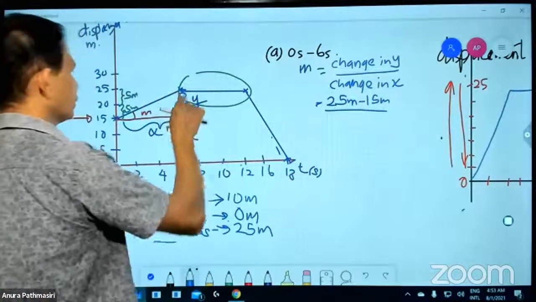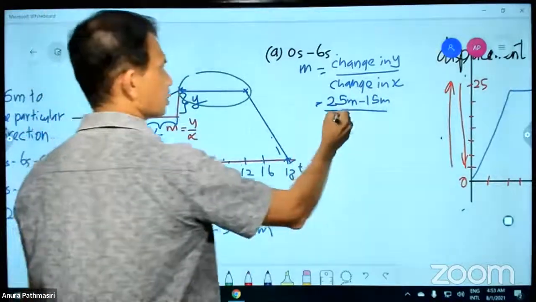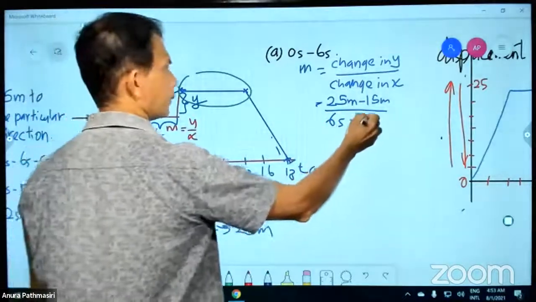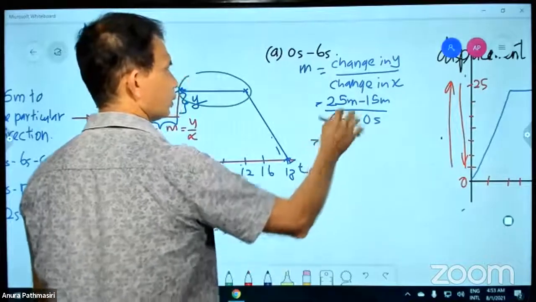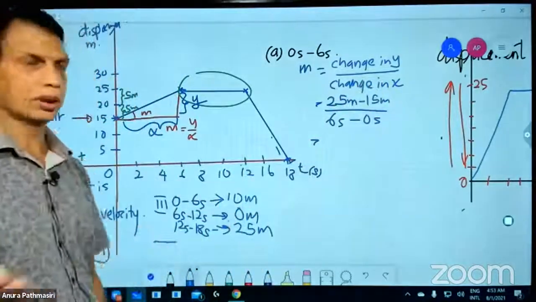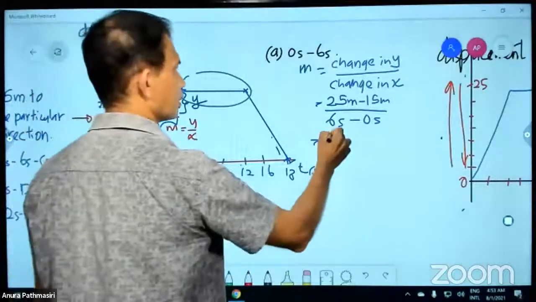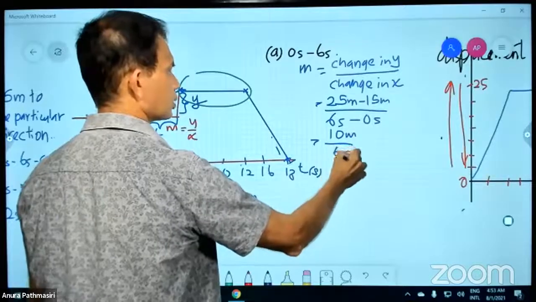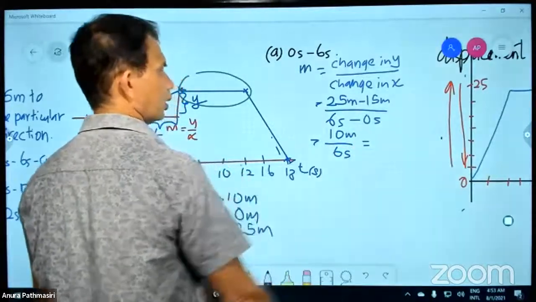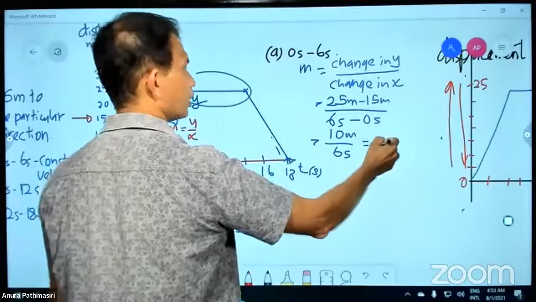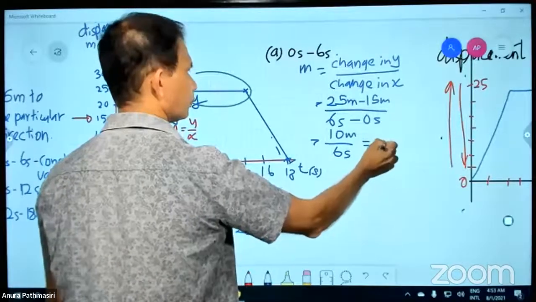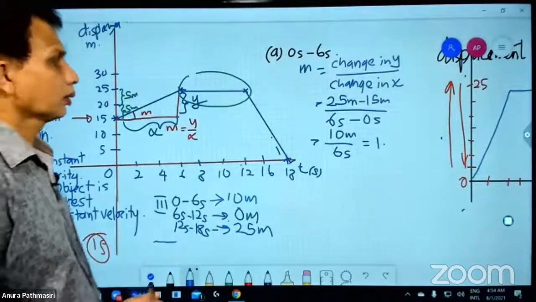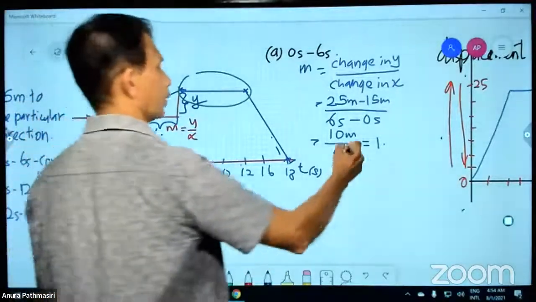Change in x means 6 second and 0 second. Taking 15 out of 25, it is 10 meters, and here it is 6 seconds. So you can have the answer. What is the answer? 1 point. There are 4, right? 1 point. Help me in answer.